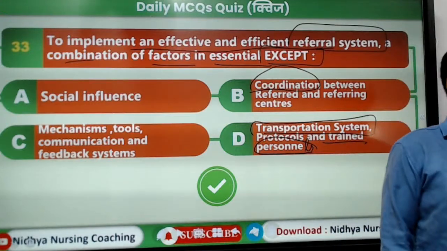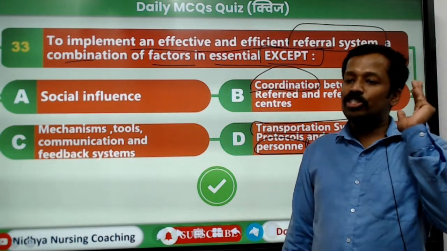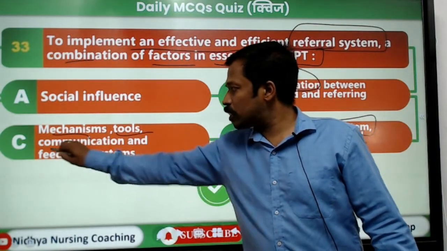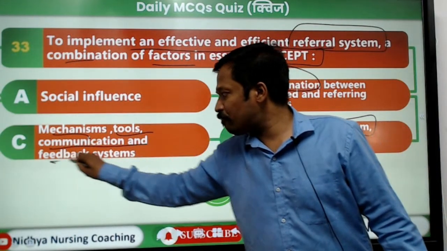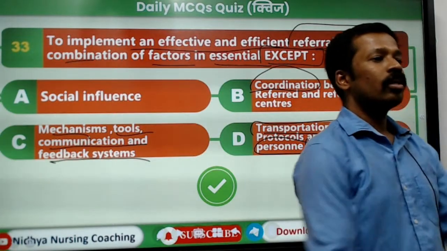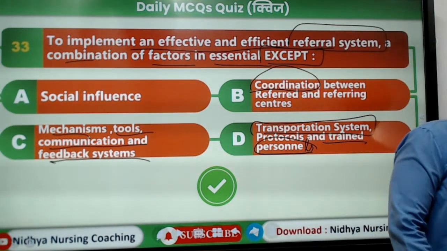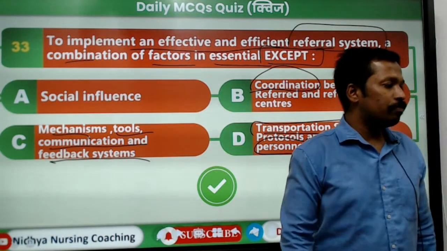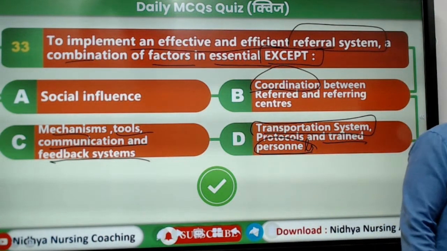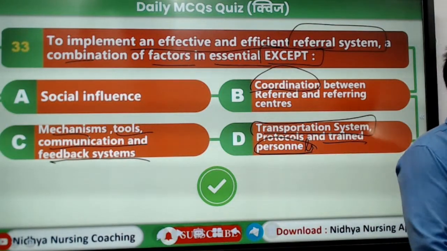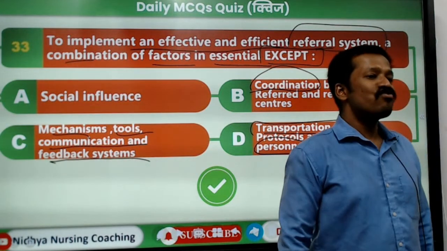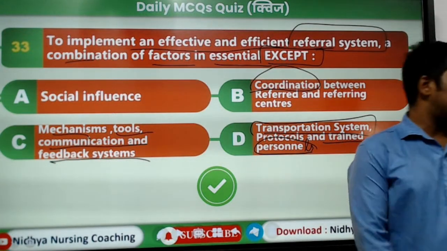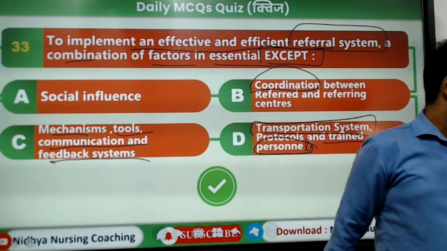There should be mechanisms, tools, communication and feedback system. There must be transportation system, protocol, trained personnel, coordination, mechanism, tools, communication, feedback system, policy, isn't it? Policies.